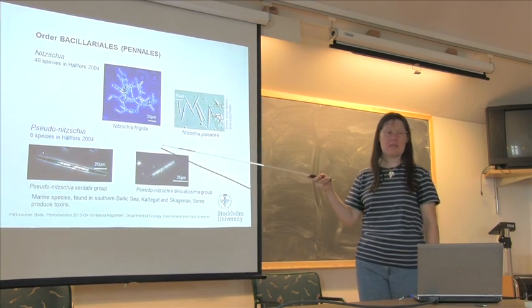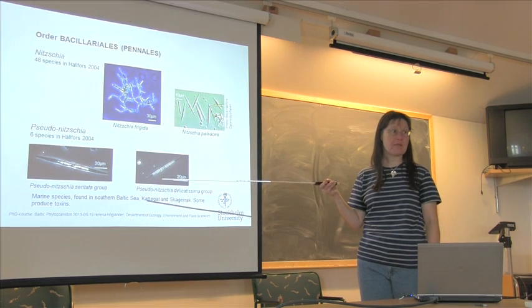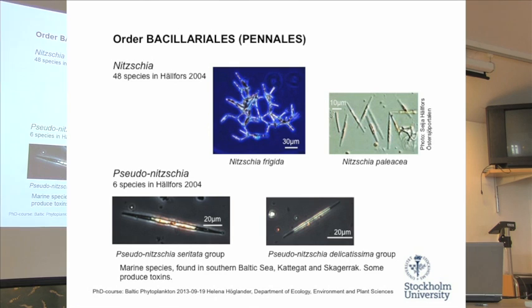So they may be dormant in the sediment or something like that. Then there are a lot of Nitzschia species, and for identification you should clean the cell and look at the frustule and see the striae and how they look. So it's difficult to identify.